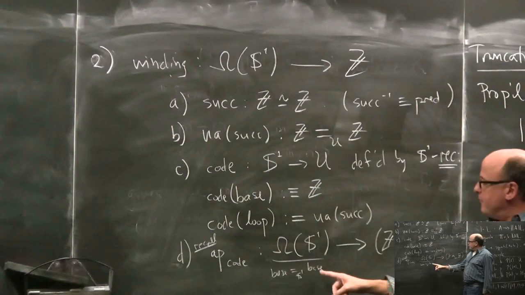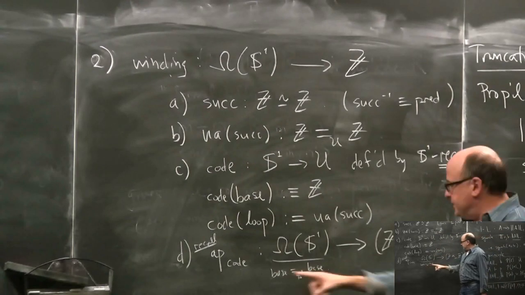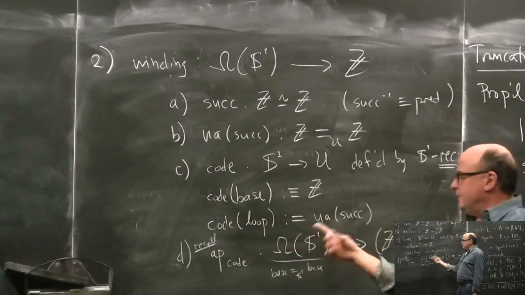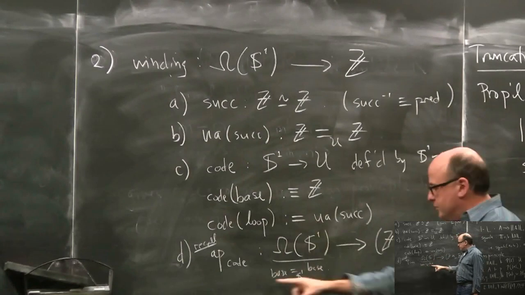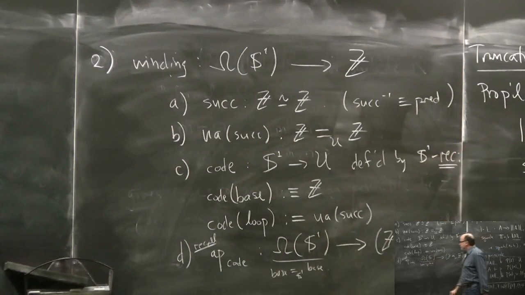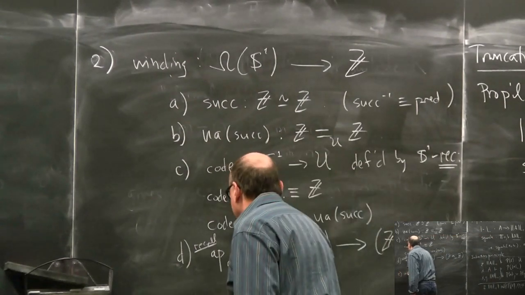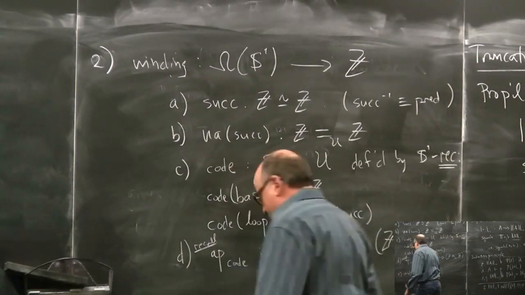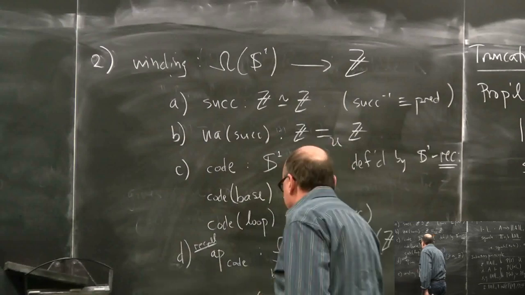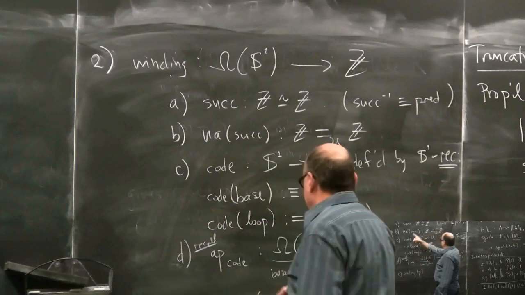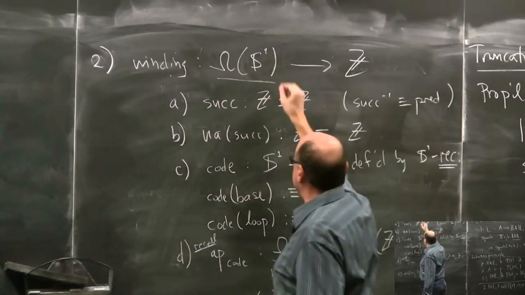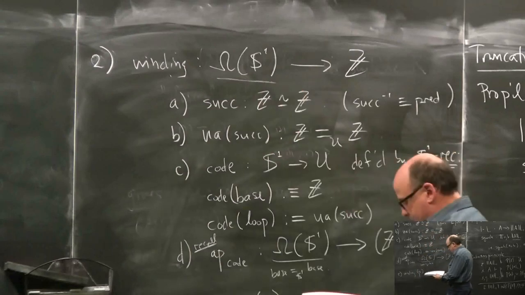So that's the important thing: it takes base equals base, well, more generally, but we'll just say base equals base, into here. And then what we do now is define winding. What is the winding number of a path P? A path P now is going to be in here, so it's really a loop. I could have called it L maybe.